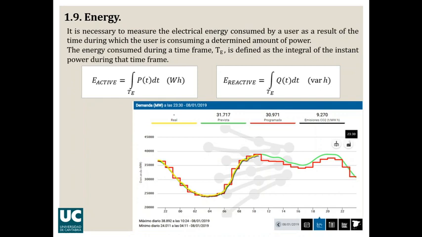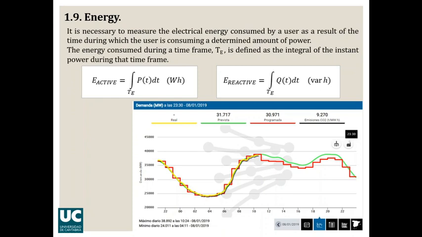Here in this image, you can see the energy demand curve in Spain for the 8th January 2019. So you can distinguish among three curves. The yellow one represents the real demand, the green one the foreseen demand, and the red one represents the planned demand.